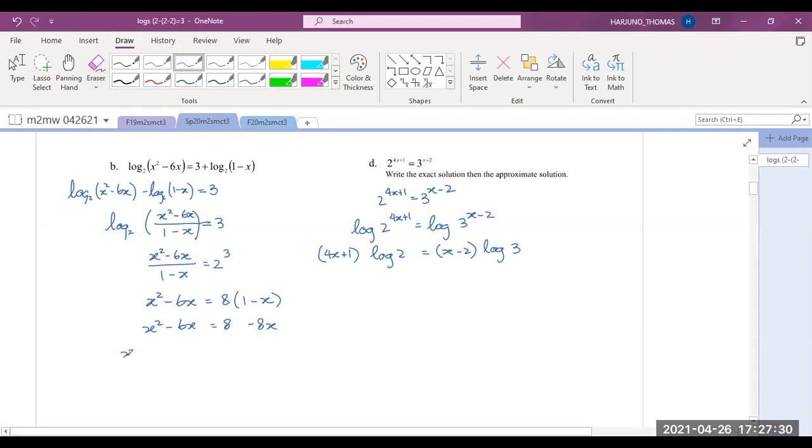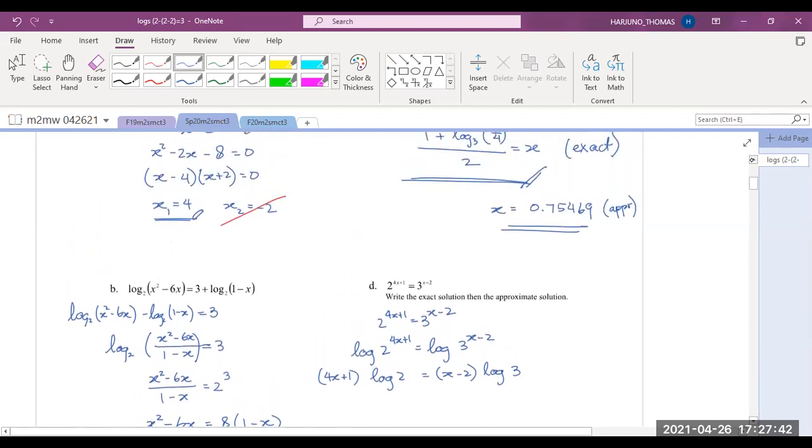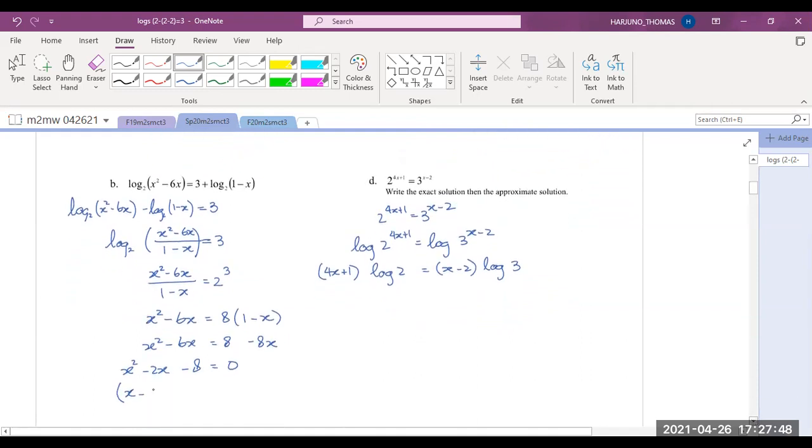So that will be x squared minus 2x minus 8 equals to 0. I think we saw this question earlier. Is it the same as the one above? Oh, yeah, some kind of deja vu for me. So this will be x minus 4, x plus 2 equals to 0.